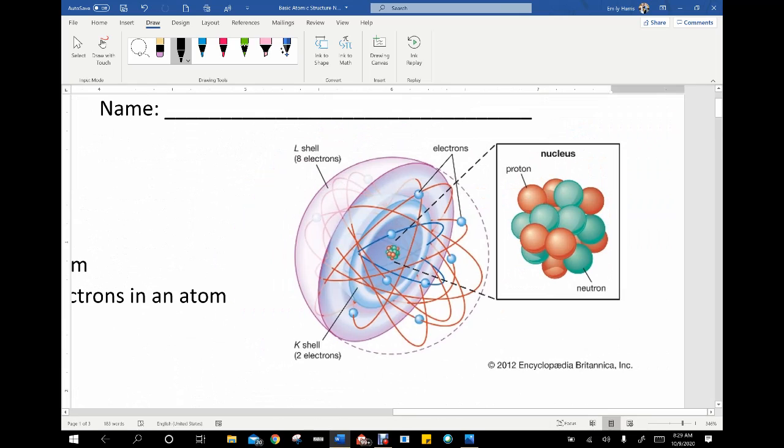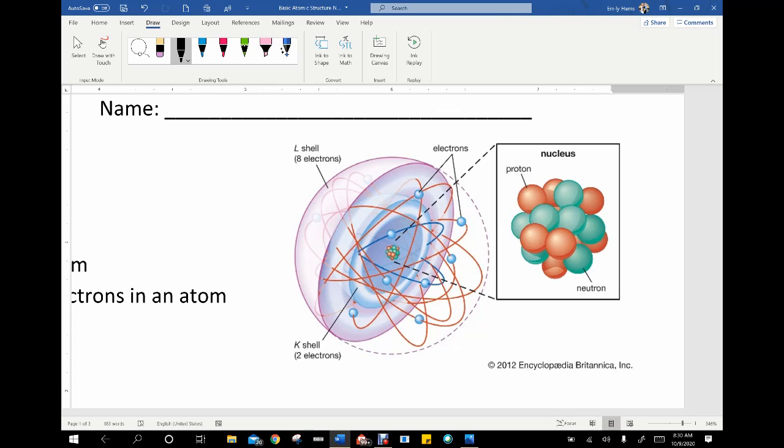The protons and neutrons are located within what's called the nucleus, which is located at the center of the atom. That nucleus is crazy small, but because all of those protons and neutrons are packed within it, the nucleus is extremely dense.